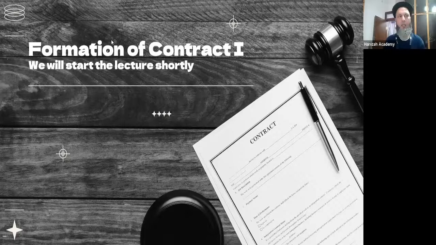We will make a start with the idea of what a contract is and what its main elements are. In the first section, we will study the formation of the contract. It is divided into 2 major areas in which we will further discuss 4 sub areas, and it will be spread over 3 sessions: today, the next session, and the next. After that, we will discuss what is included in the contract.